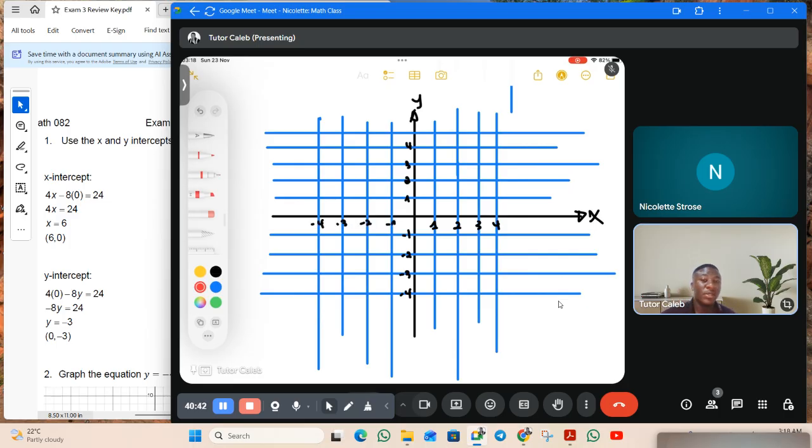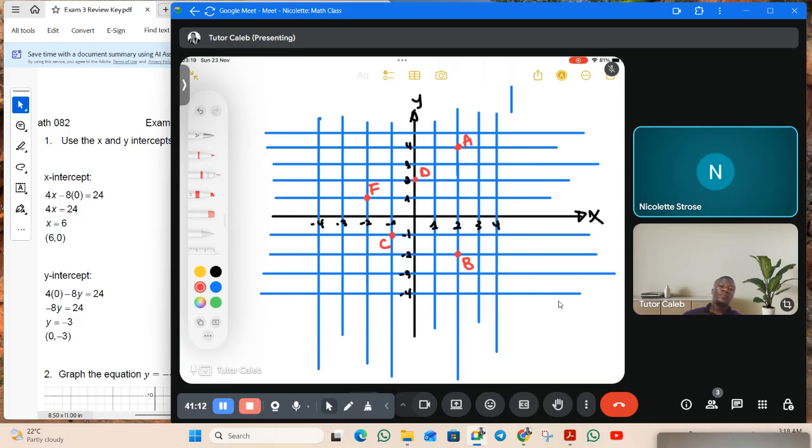In red, I'll indicate points and I want you to give me their coordinates. This is my point A, point B, point C, point D, and point E. Now, can I have the coordinates of each of those points?